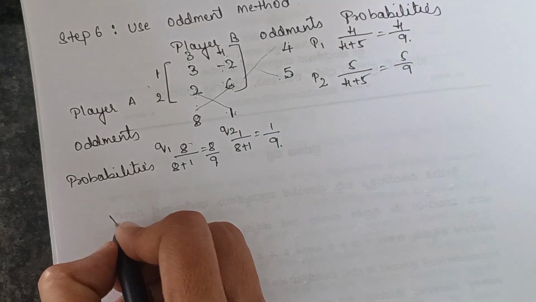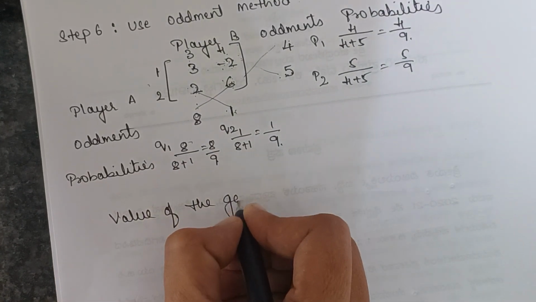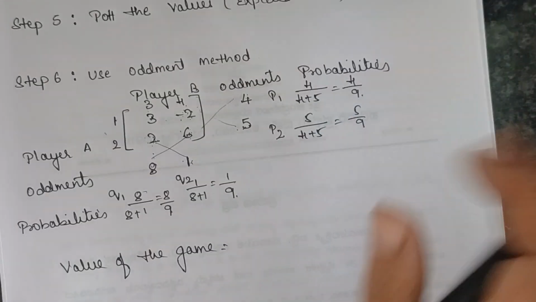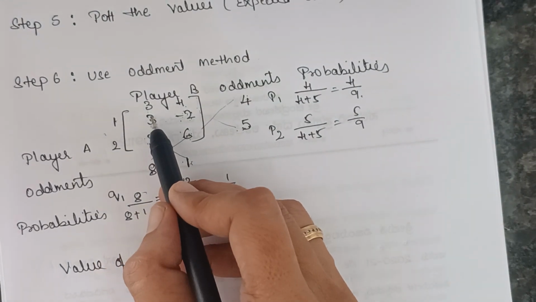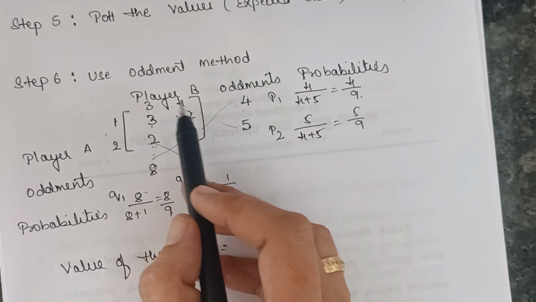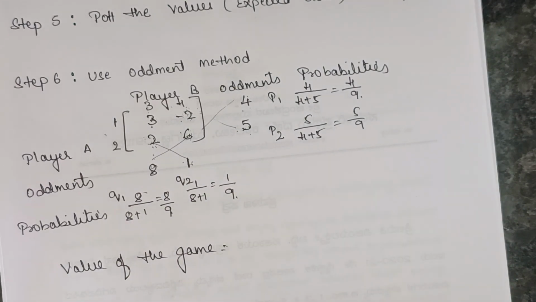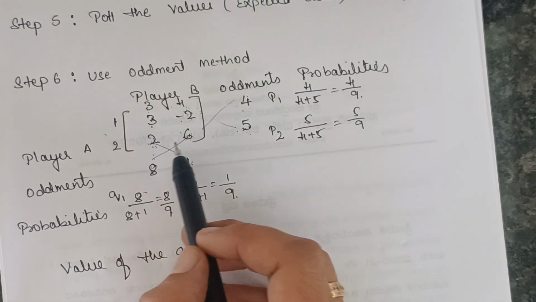Now let us find out the value of the game. Value of the game will be the values in the first column into the respective oddments. You can use the second column or the row-wise also can be used. This I have discussed in the previous videos, where we can find out the value of the game in 4 different ways.